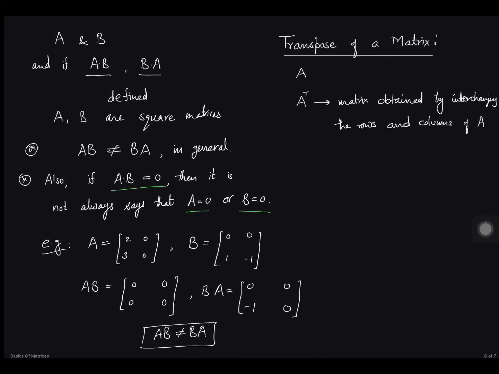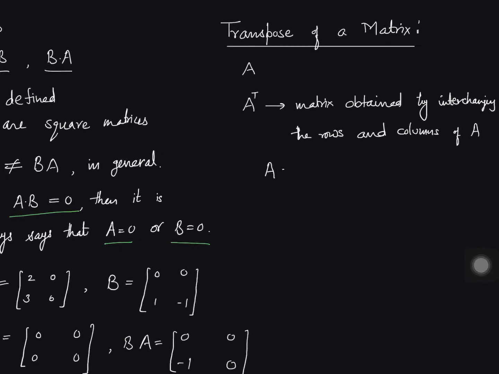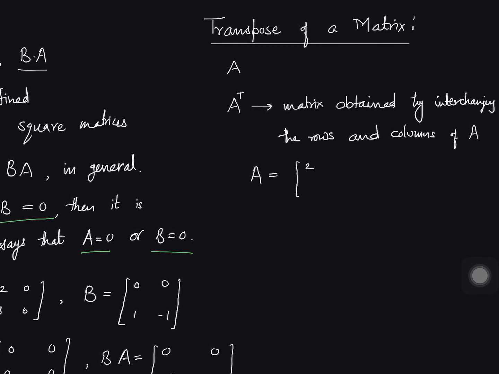For example, if you have a matrix A like this, a 2 by 3 matrix with 2 rows and 3 columns, then A transpose will be: change the first row to the first column, so the first row becomes the first column, and the second row becomes the second column.